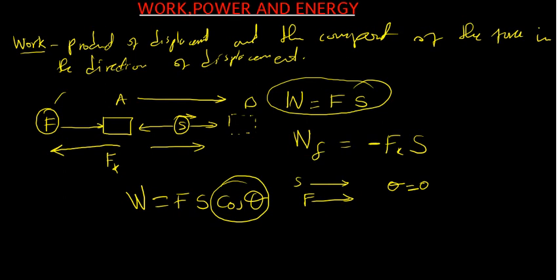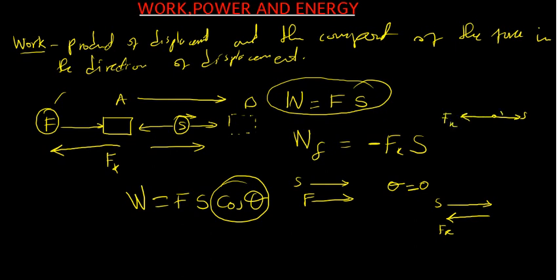But considering friction, friction is going in this direction, and then the direction of displacement is in the other direction. So notice that they are going in opposite directions. If you connect these lines, displacement is like that, and friction is like that.